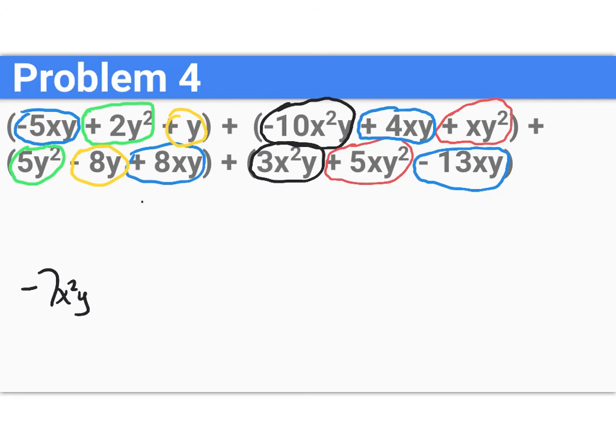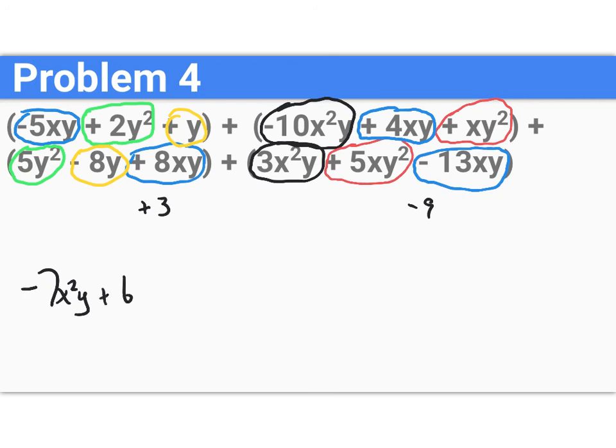So let's just write positive 3 here. 4 and 13 make negative 9. 3 minus 9 is negative 6xy. So that was the blue circles. And then we move on. I should have done the red circles second. So let me erase this. So when stuff is all over the place, these are the type of mistakes you make. You should go to the red circles next.